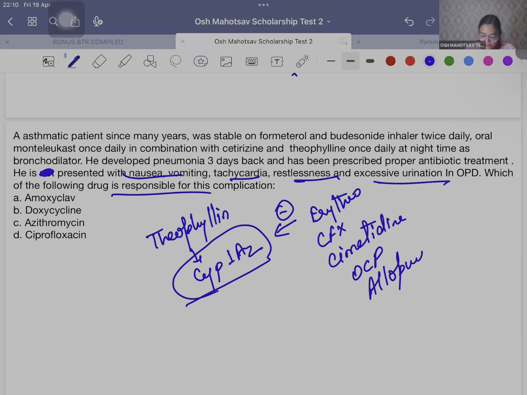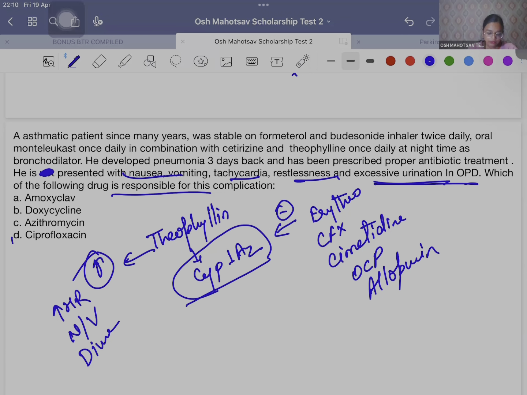All of these drugs can inhibit this enzyme, so they will lead to toxicity of theophylline, and theophylline toxicity will lead to increased heart rate, nausea, vomiting, diuresis, tremor, seizure, and in severe toxicity, death. So here the answer will be ciprofloxacin.